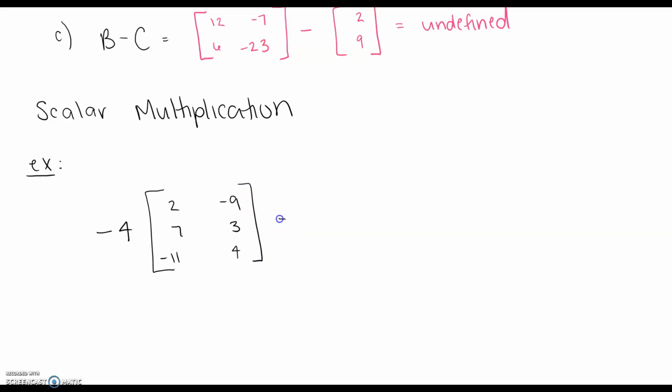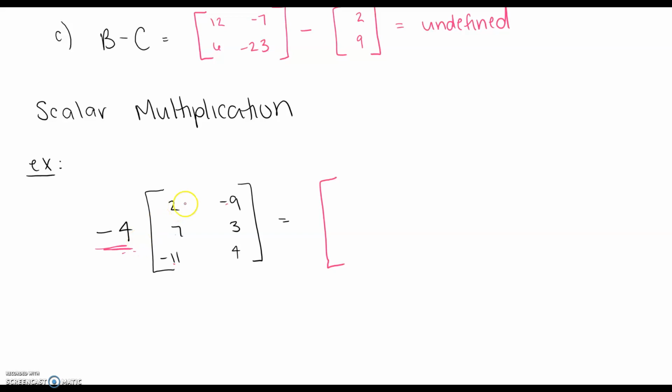It's kind of like distributing. So we're going to take this negative 4 and multiply it by everything inside the matrix, and it's still going to end up being a 3 by 2 matrix.